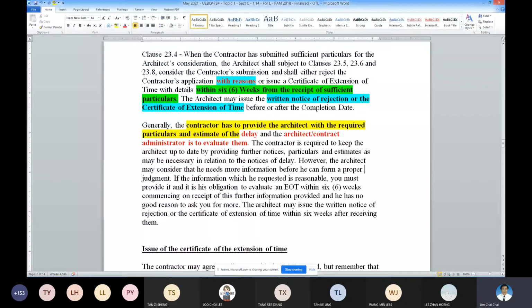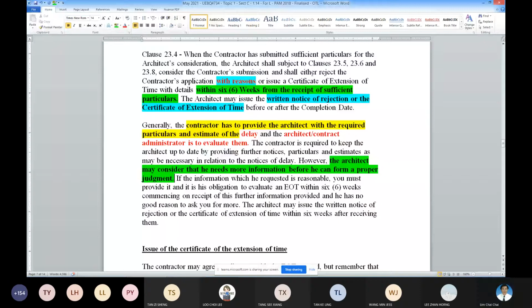Normally, as usual, when submitting the details, the architect may need more information. It is exactly the same as the initial part. When you submit all your full details, if it's not complete, the architect will ask for new information, and within 28 days the contractor must provide it.